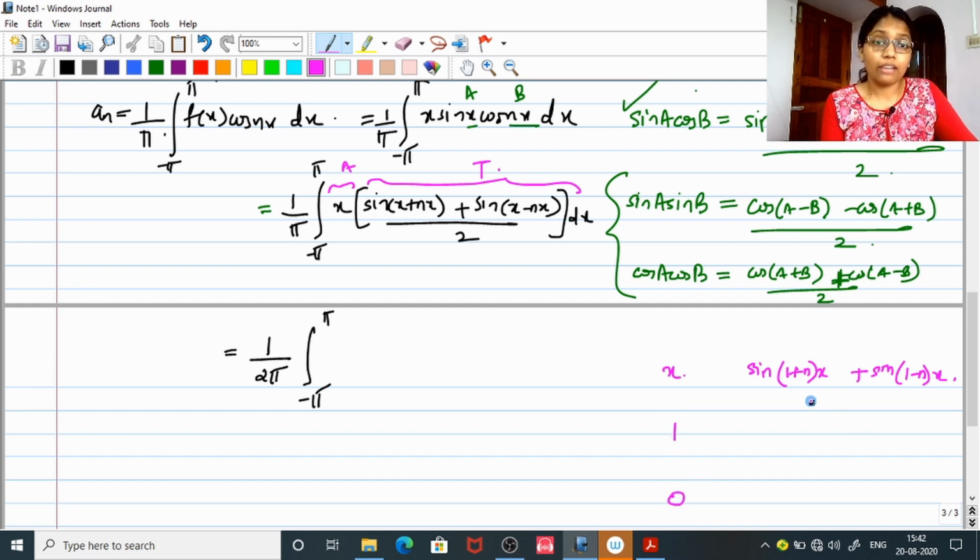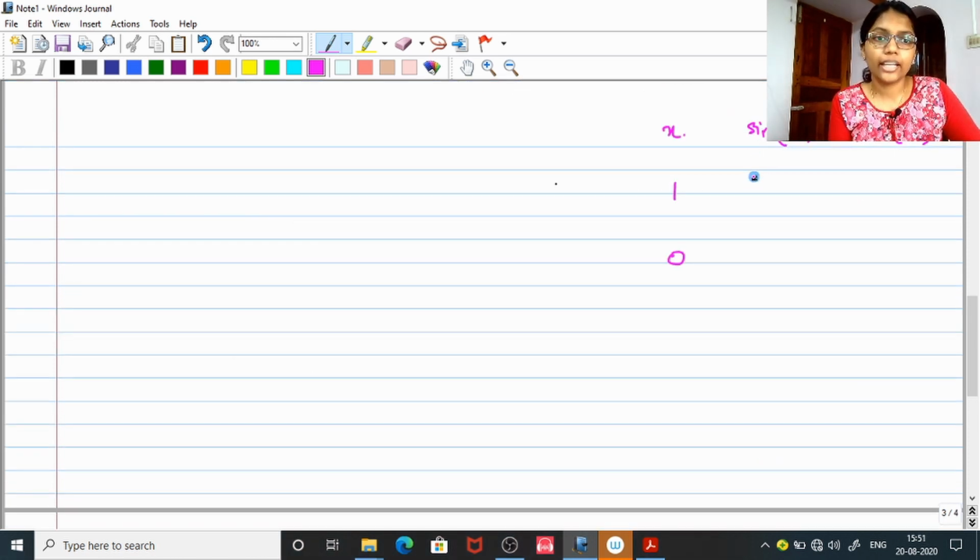Now we have to do the integration here. What is the integral of sin of (1 plus n) x? The integral of sine is negative cos, so negative cos of (1 plus n) x divided by 1 plus n. The integral of sine again here is negative cos of (1 minus n) x divided by 1 minus n. Again we have to integrate this.